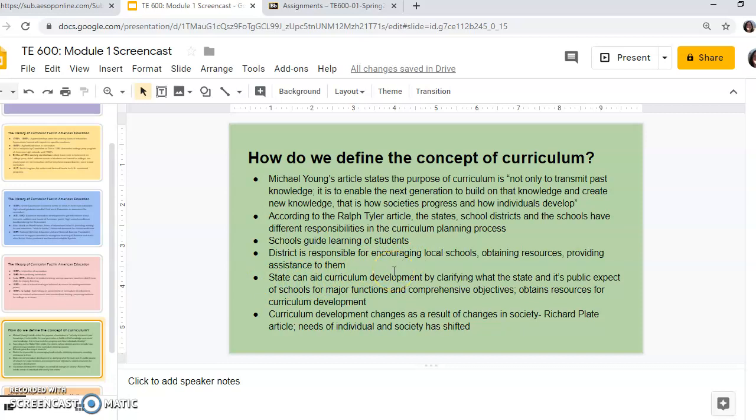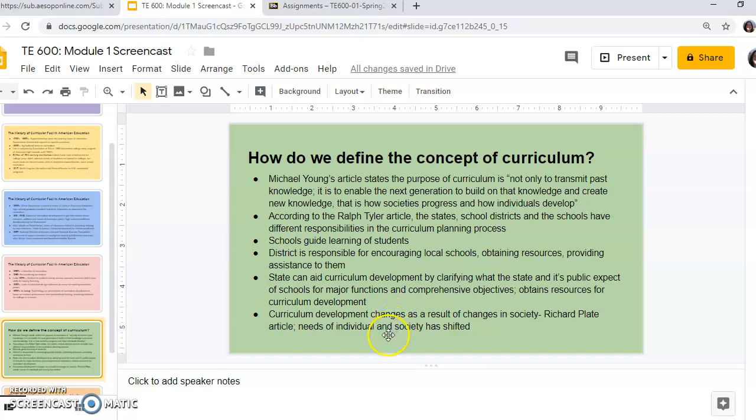And the state can aid curriculum development by clarifying what the state and the public expect of schools for major functions and the comprehensive objectives. The state also can obtain resources for curriculum development.